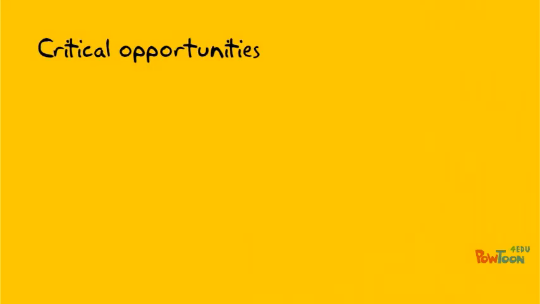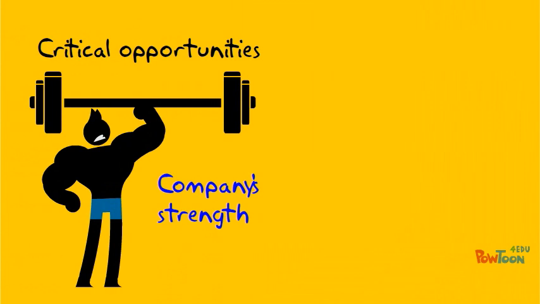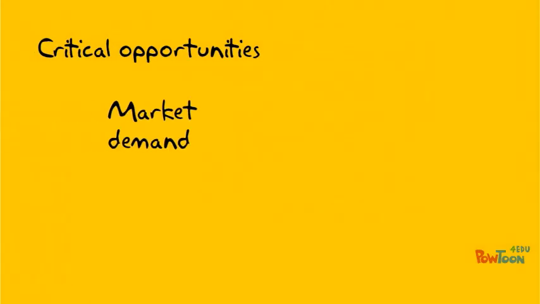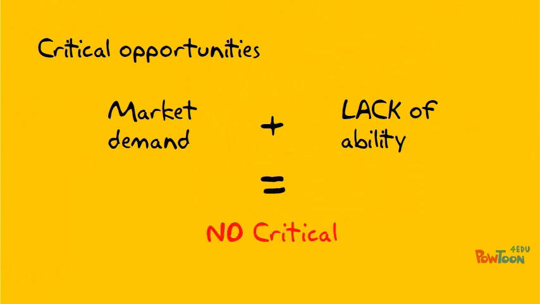Now remember, there must be a link between a company's strength and a market opportunity. If there is demand for a product, but the company does not have the ability to produce the product, then there is no critical opportunity.